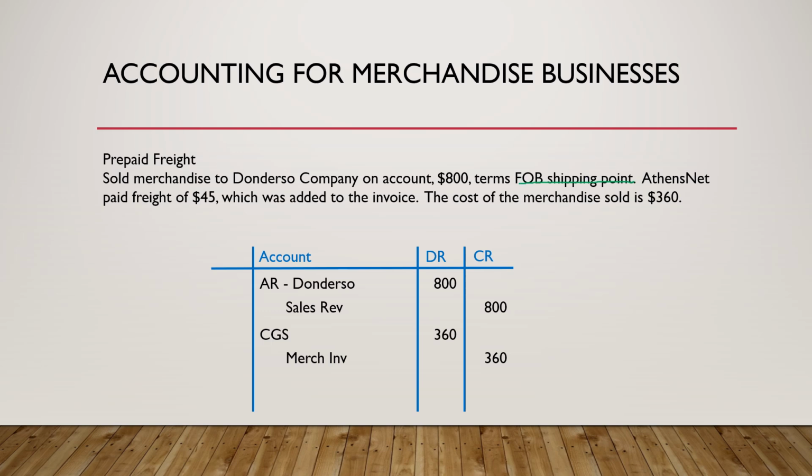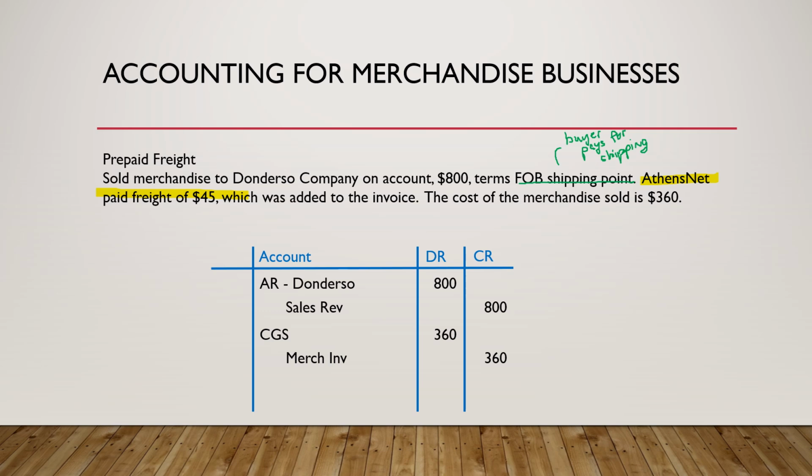FOB shipping point means the buyer is responsible for paying for shipping. But for whatever reason, the seller paid the delivery company beforehand. The buyer won't pay the shipping company since the shipping company already received its money. Instead, the buyer will repay the selling company.